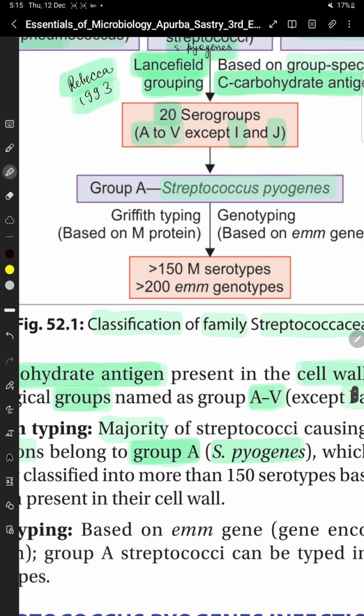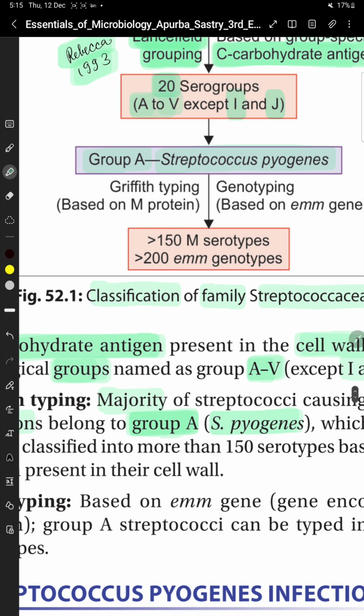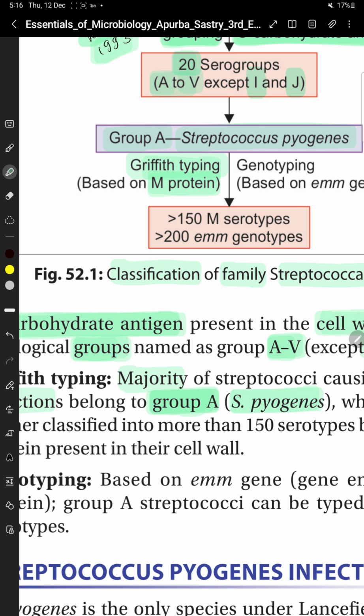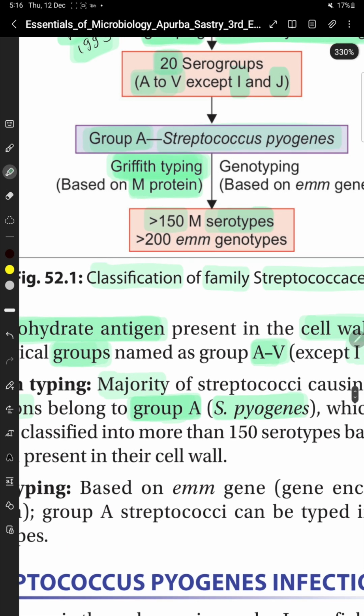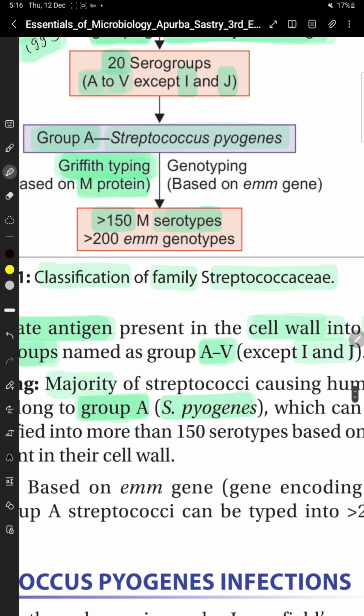Like Streptococcus pyogenes belongs to group A. Then it was further classified. Griffith typing is on the basis of M protein, and Griffith typing classifies group A into more than 150 serotypes.